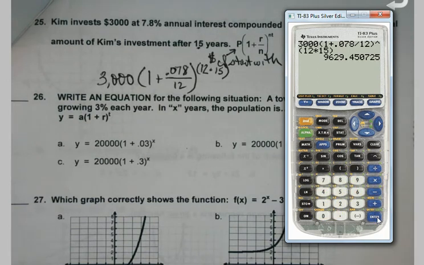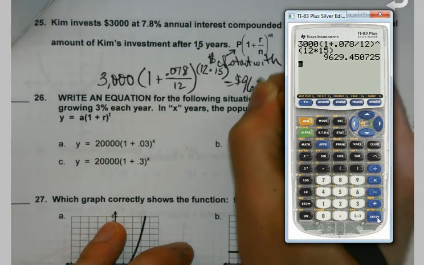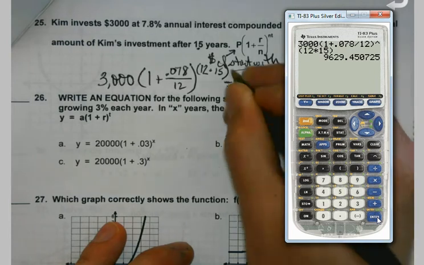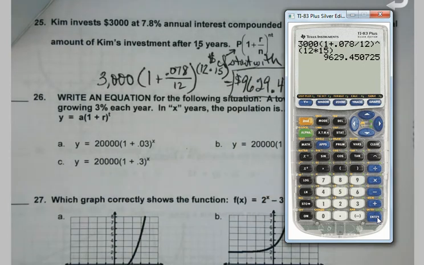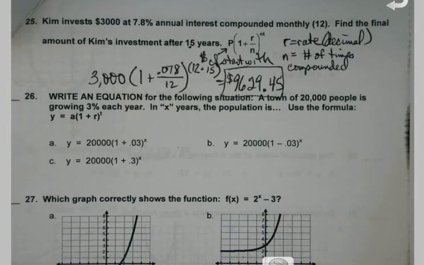That's a pretty decent chunk of change. Oops, move that over so we can actually see the cents. I've got things set and ready to go. So as long as I know some basics, and that's why we're going over this, it's basically plug it into the calculator and let the calculator do the work.